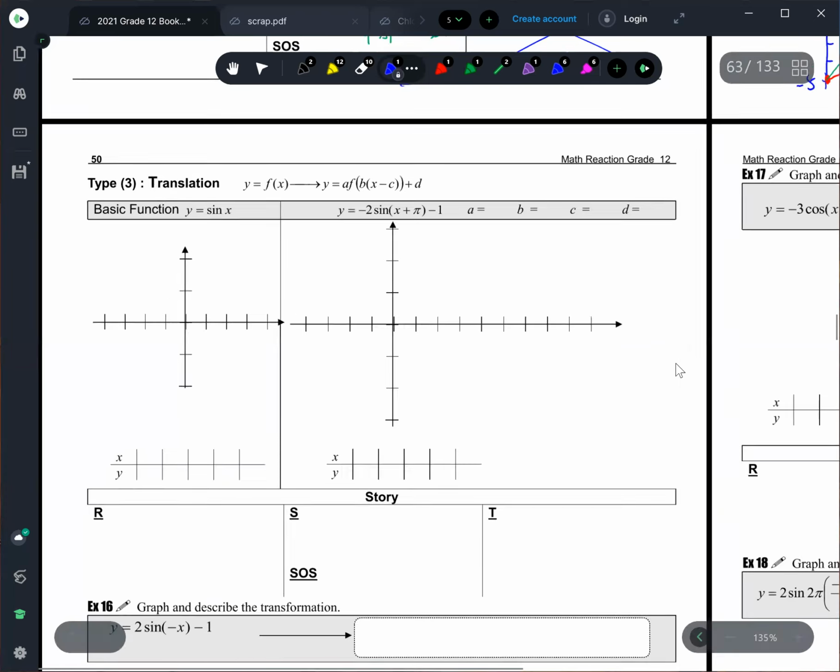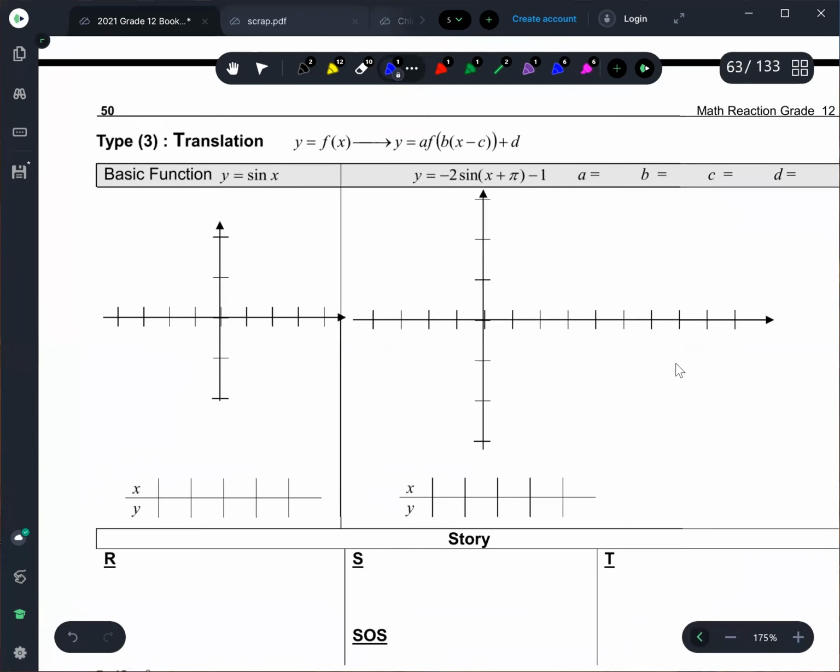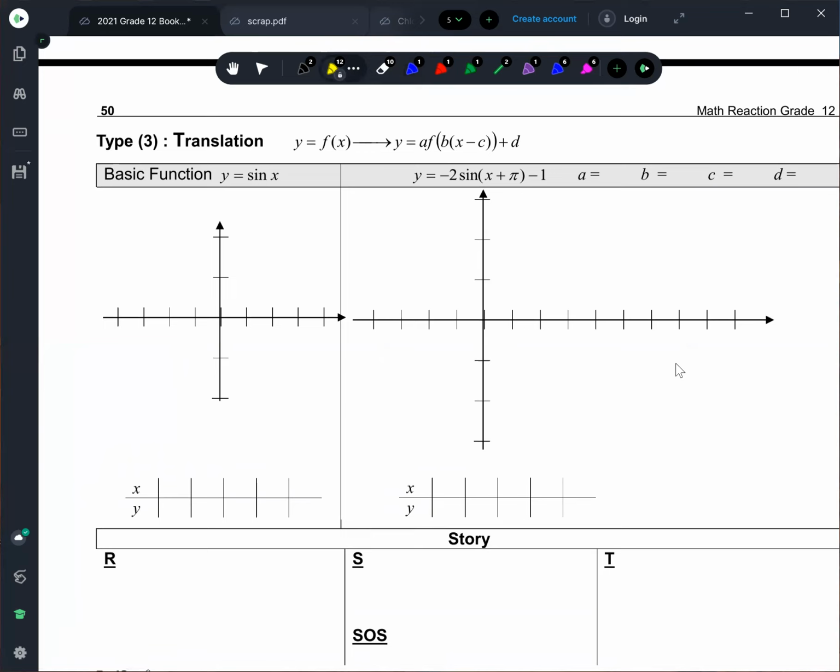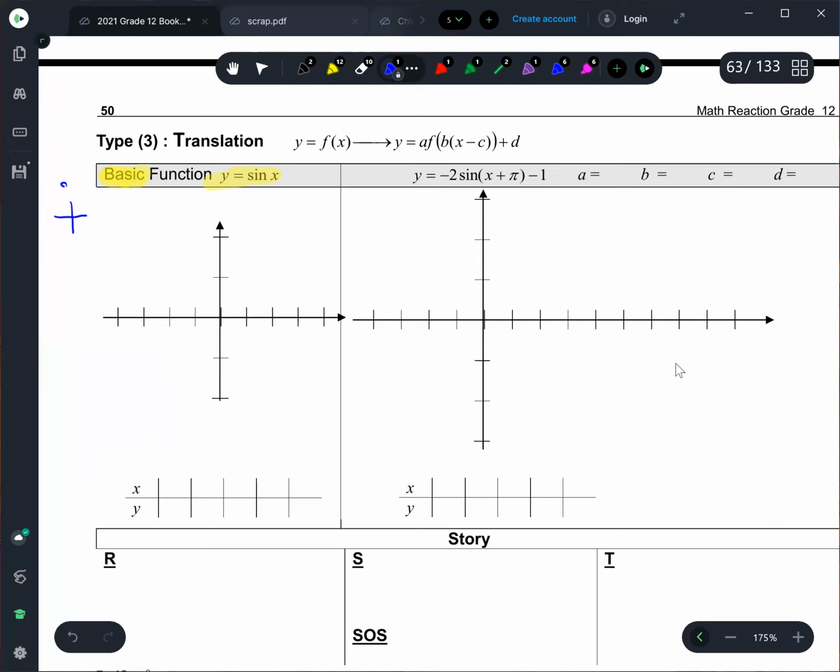Okay, so let's review this basic sine graph first, right? So this is for the basic. You need to pay attention which basic you are dealing with, right? Sine. Right, so for the basic values, you have to remember for sine, right? You can use something I told you before. For sine, it will have 1 and -1 in the middle, 0, 0, right?